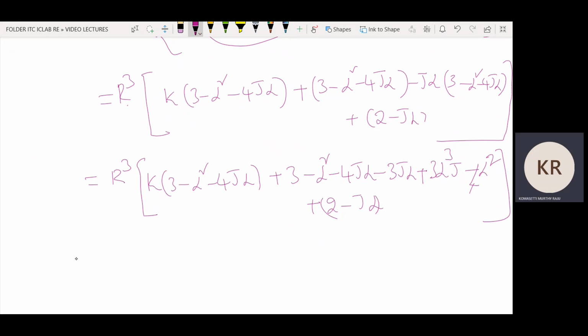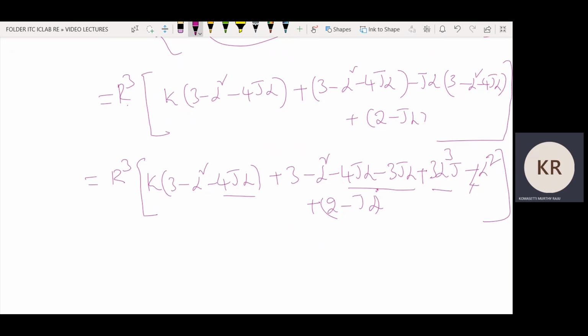Okay, imaginary terms are there here. What are the imaginary terms? Here minus 4j alpha, minus 3j alpha, minus 4j alpha and 3j alpha is there. Here 3 alpha cube j is there.